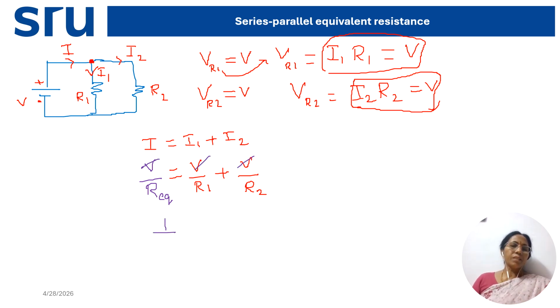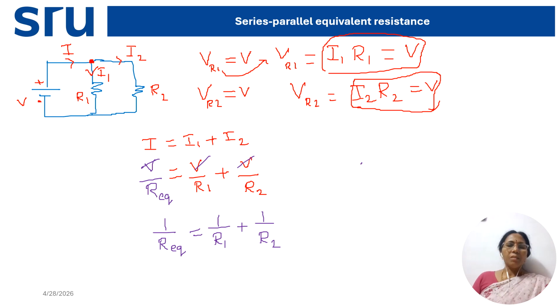If I write this equation again, 1 by R equivalent equals 1 by R1 plus 1 by R2, where R equivalent is the equivalent resistance of R1 and R2. This means when R1 and R2 are connected in parallel, 1 by R equivalent equals 1 by R1 plus 1 by R2.